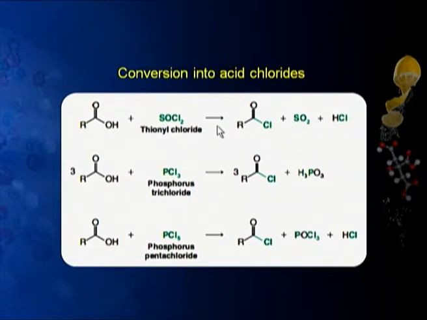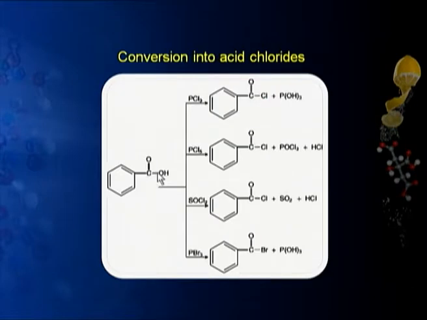So, this reaction can be carried out quantitatively and we will get pure products. The same methods can be used for aromatic acids also, with PCl3, PCl5 or thionyl chloride, and we will get the corresponding acid chlorides.